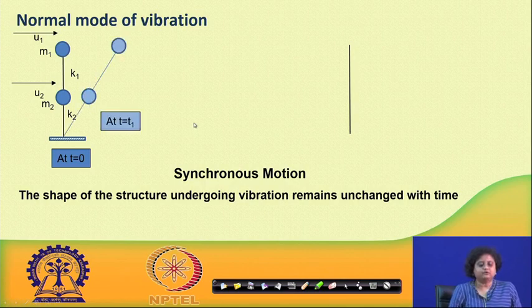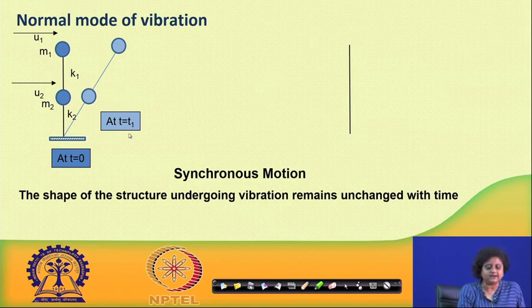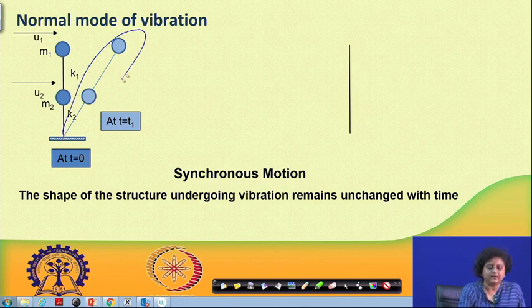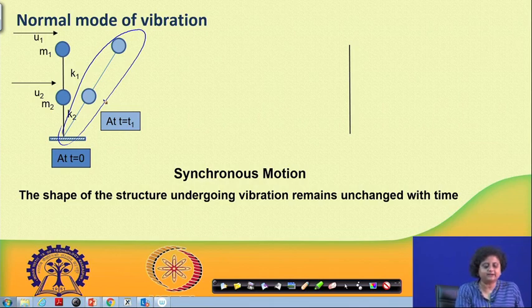Suppose this 2 degree of freedom system is undergoing vibration, and at a time instant t equals t1, this is how the system is going to look. It has vibrated and deflected from its original position, and this is how it looks at t equals t1.